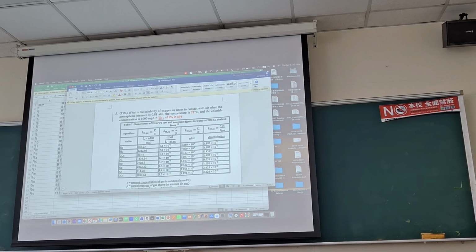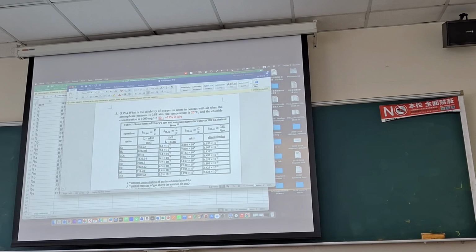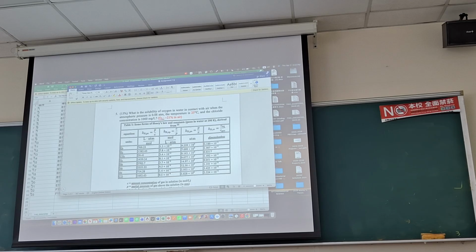So this should be 25 degrees Celsius, not 16. Okay, in our assignments, this should be 25 degrees Celsius, not 16. I will replace this.